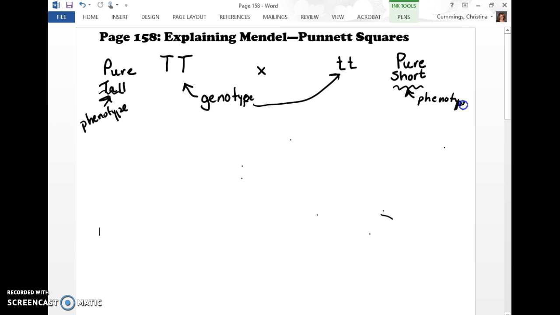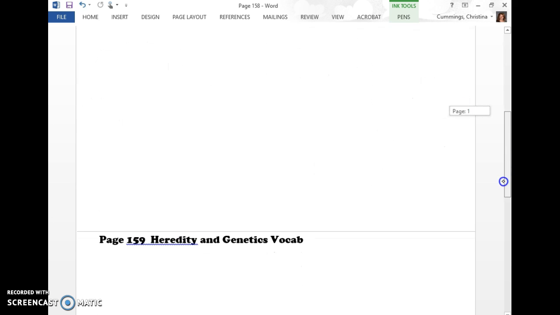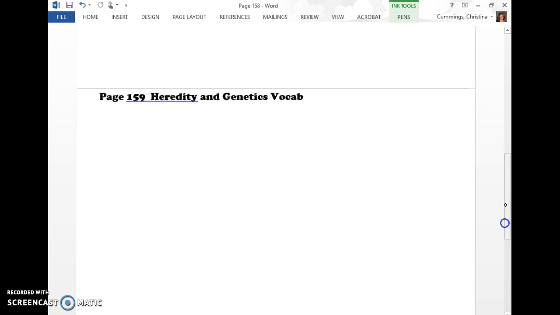Okay, so what we're going to do now is go to page 159, because on 159 we're going to list all of our vocab from this particular lesson. So one piece of vocab was the pure or purebred.